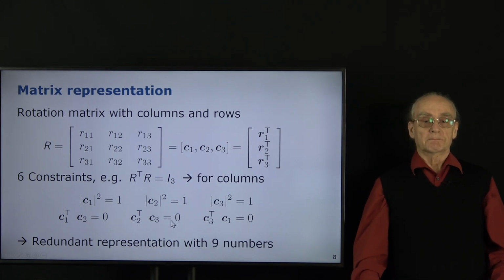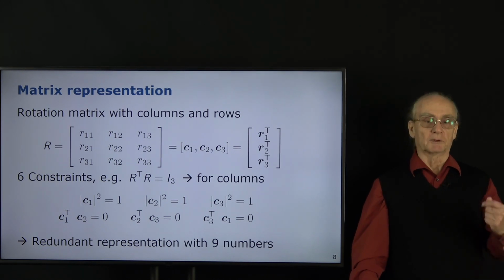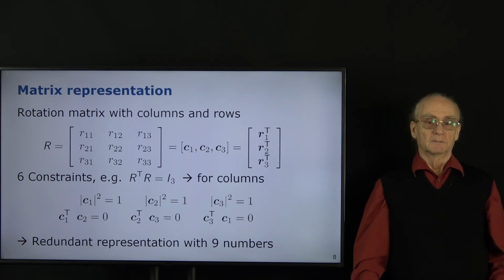So this means this representation with the rotation matrix is redundant. We have 9 numbers to describe the rotation matrix, but we have 6 constraints. So the rotation in 3D has 3 degrees of freedom. That means actually we would only need 3 parameters. We will come back to this numbering at several places within the next lectures.